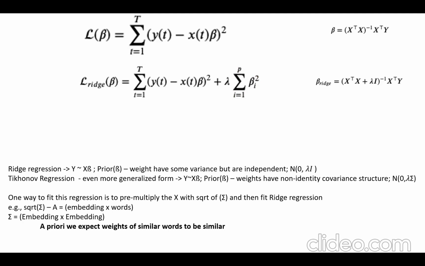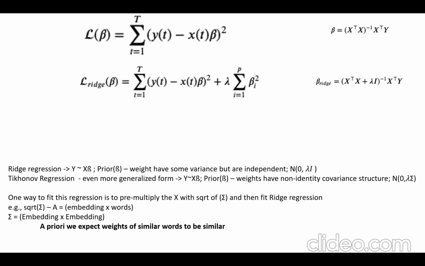So effectively, you don't really need to know the maths behind that. It's just that there are ways to address these types of problems. It's almost as if you're putting a prior on your regression model, where you're saying, well, the normal regression doesn't have any prior for the beta weights, so they can be as high as possible.